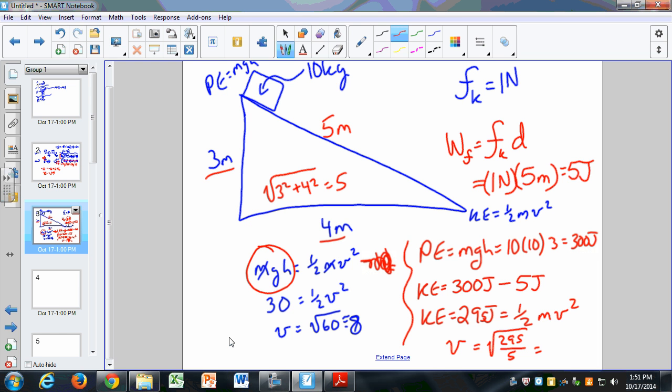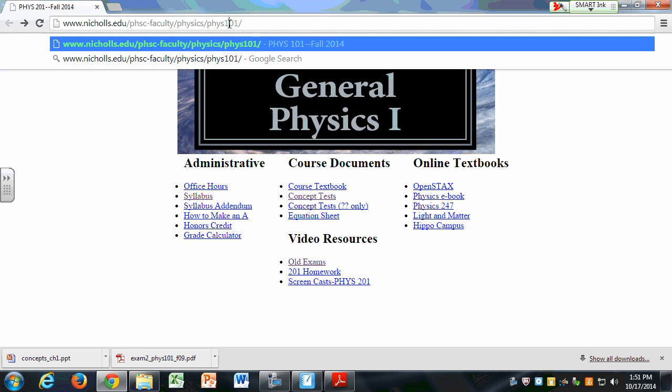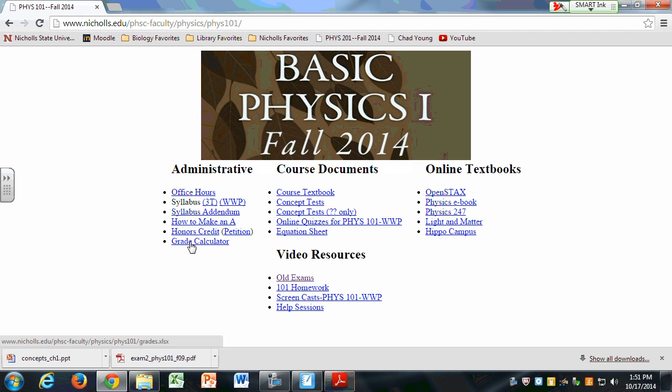What is the velocity of the block? Alright, can we do the spring problems? Y'all okay with this? There's a problem in your homework, I believe. You double check that. That's similar to this.